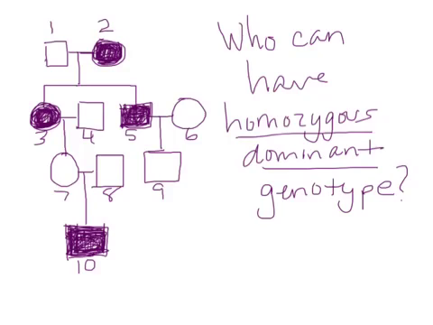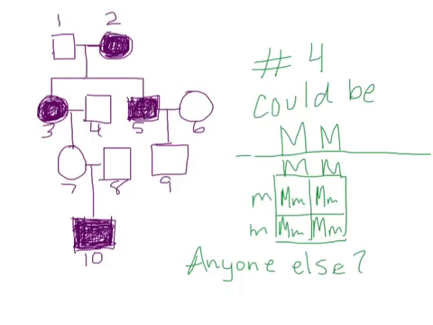I usually figure out the Punnett squares along the way and map them out and figure out what the possibles are. Okay, so number 4 could be big M, big M. If I want to check myself, I can do a Punnett square because I know number 3 is little m, because it's shaded in with the trait.